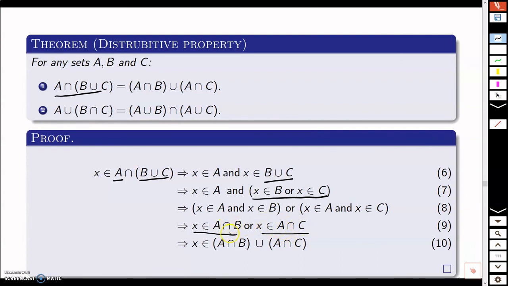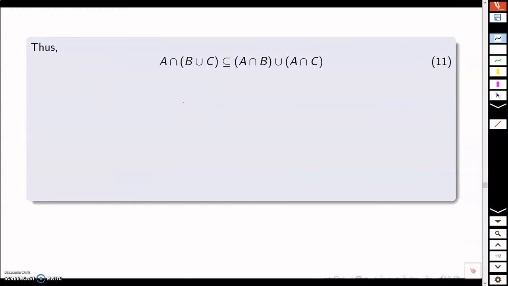It's in the union of them because it's there in at least one of them. So that means X is there in (A intersection B) union (A intersection C). So if you start with any point in the set on your left hand side, you can show that it is there in the set on the right hand side. So the left hand side is a subset of the right hand side.